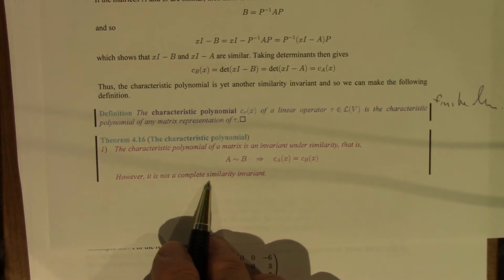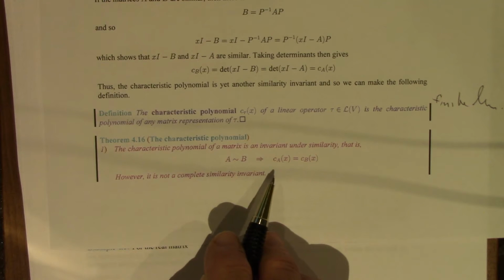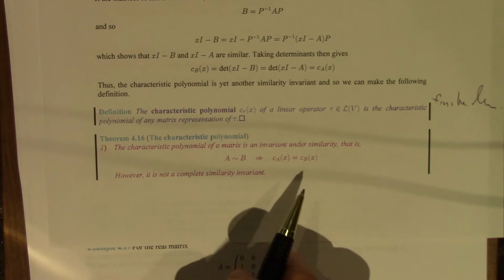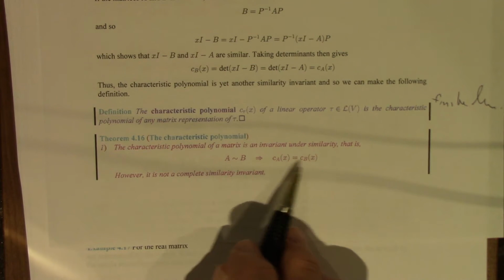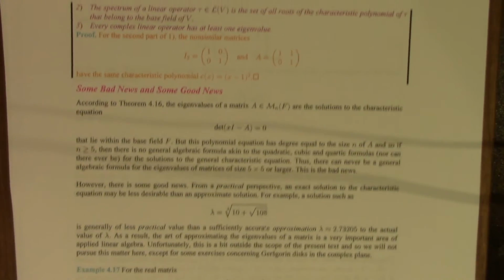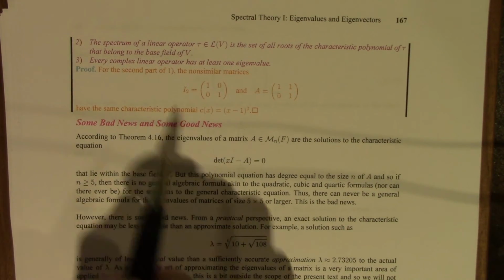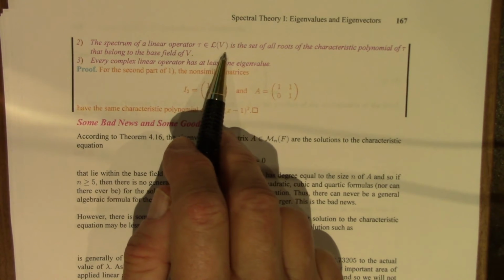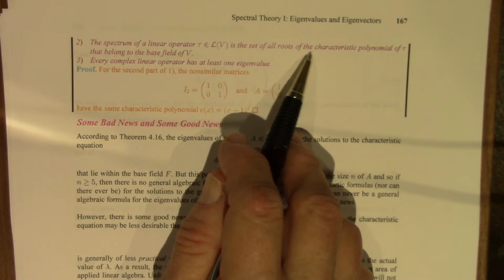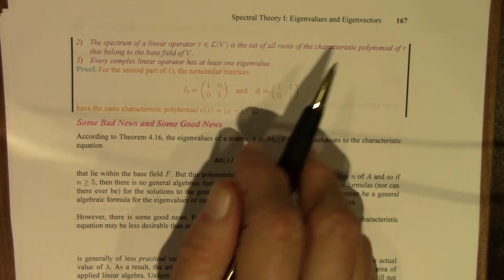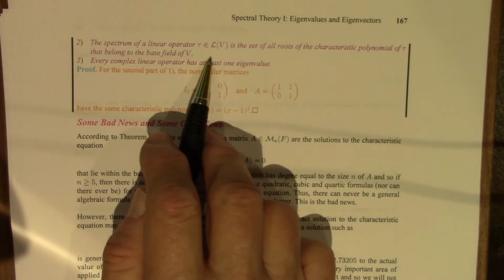But unfortunately, this is not a complete invariant. There are matrices with the same characteristic polynomial that are not similar, and I'll show you an example momentarily. The spectrum of a linear operator is the set of roots of the characteristic polynomial of the operator that belong to the base field.